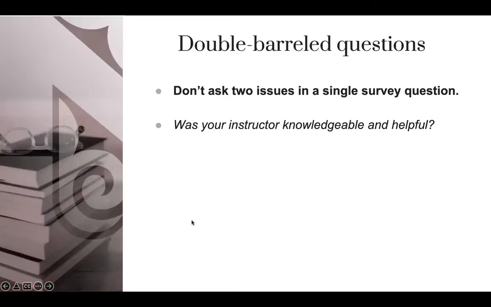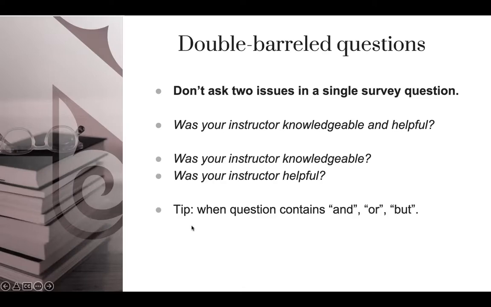Another question to avoid is double-barreled questions. Double-barreled questions are questions that ask about two issues in a single survey question. For example, was your instructor knowledgeable and helpful? This question can be very tricky to answer because there are instances where the instructor is knowledgeable but not that helpful, and vice versa.